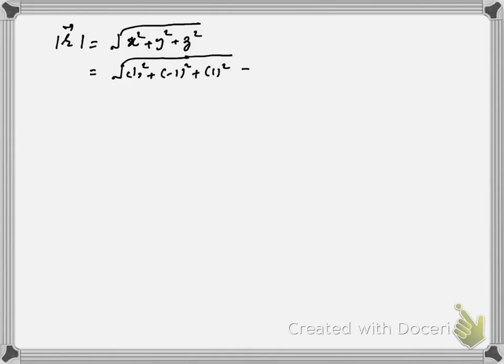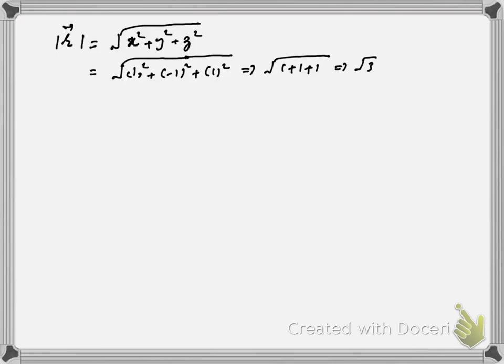Magnitude of r is equal to the square root of x square plus y square plus z square. It is equal to the square root of 1 square plus minus 1 square plus 1 square, which is the square root of 1 plus 1 plus 1, equal to the square root of 3.